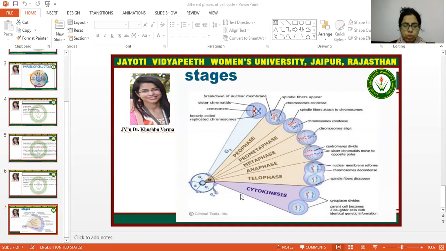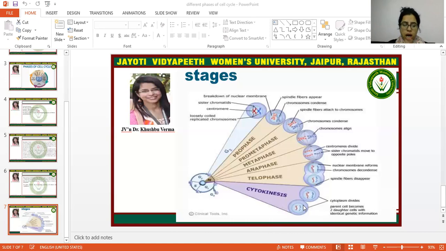So the cell goes from telophase to the cytokinesis process. In cytokinesis, the cytoplasm divides, and the parent cell becomes two daughter cells with identical genetic information. At the end of the mitosis process, you can see the mother cell had two chromosomes and the daughter cells also have two chromosomes, meaning the number of chromosomes remains the same.